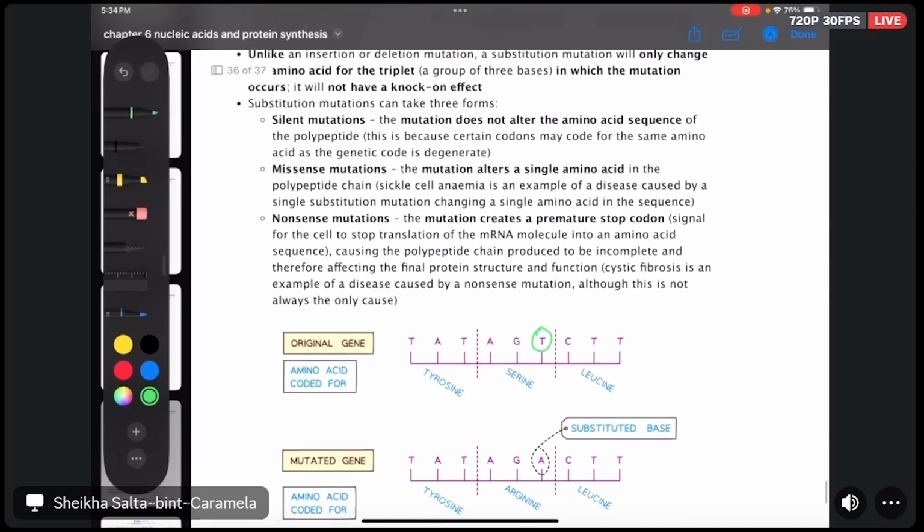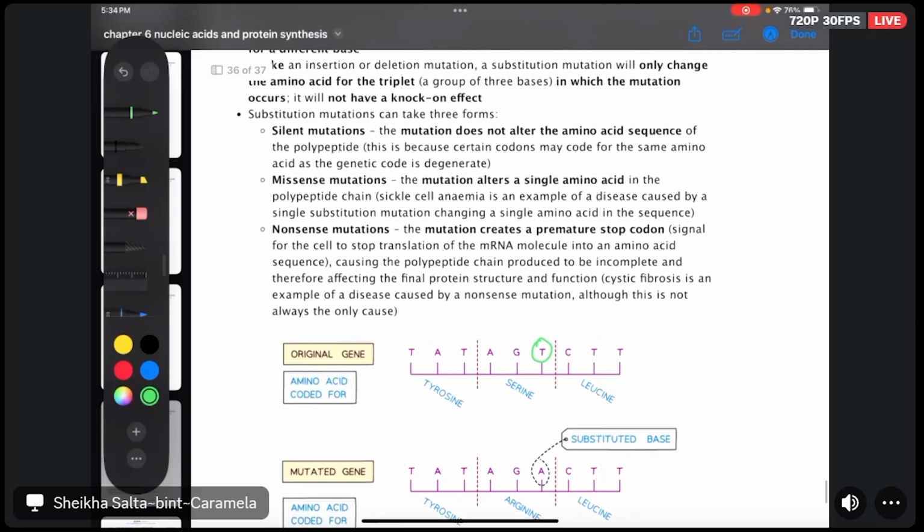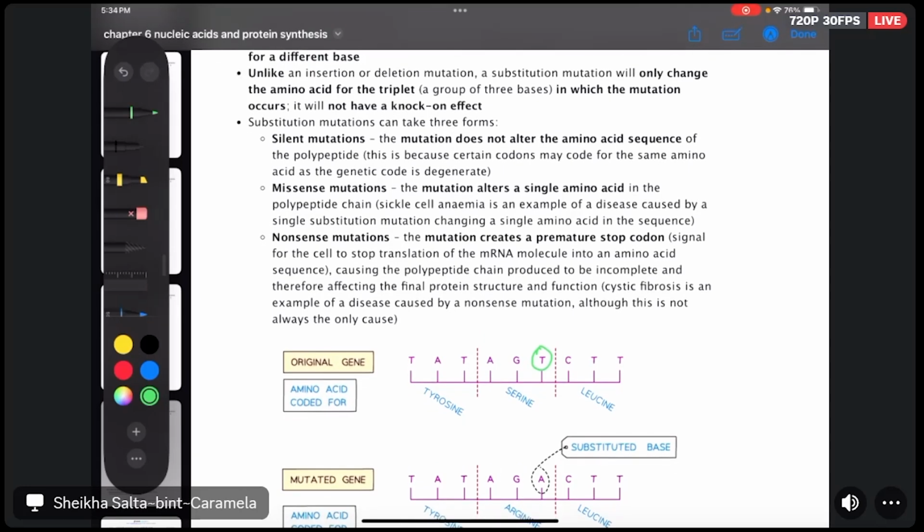So this does not create a knock-on effect. Now, this substitution mutation can take three forms. One is silent mutation. This mutation does not alter the amino acid sequence of the polypeptide because of the genetic code being degenerate.